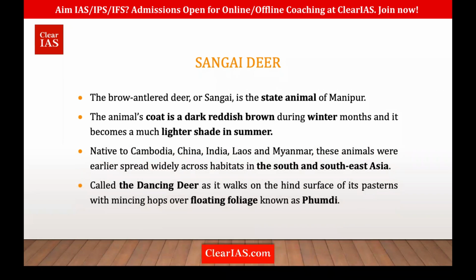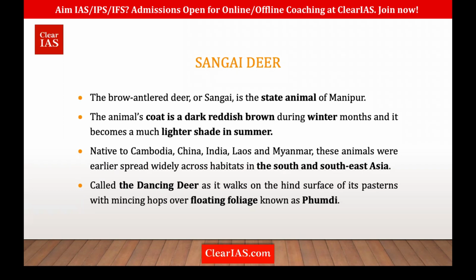Remember, why is it called the dancing deer? Yes, there is something called fumdis. What is fumdis? These fumdis are found only in this Loktak Lake region, and it is actually floating vegetation, floating foliage. Basically there is a piece of land which is floating on top of the water, and this Sangai deer is found on that.